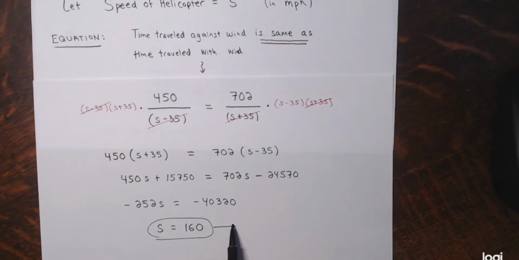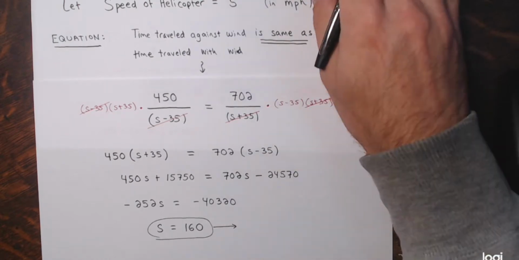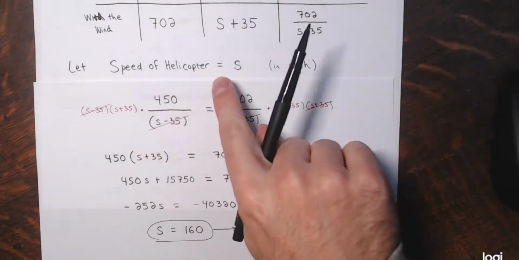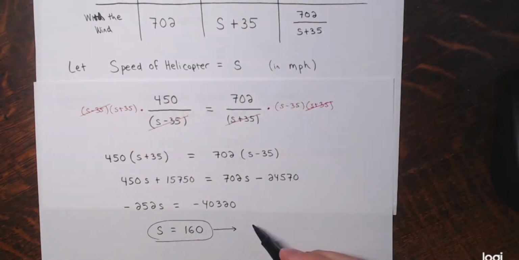Now, as with most word problems, applications, sure, you solve the equation, great, but go back, what did this represent? What did s represent? s represented the speed of the helicopter in miles per hour. So usually you should be writing your answers in complete sentences.